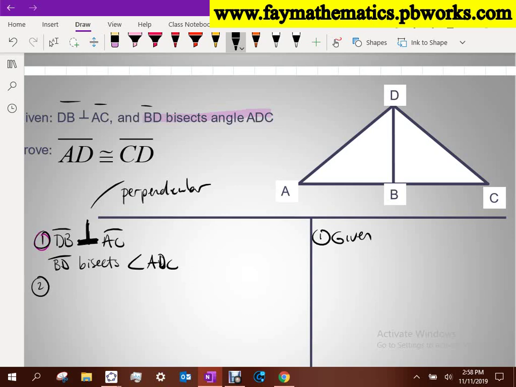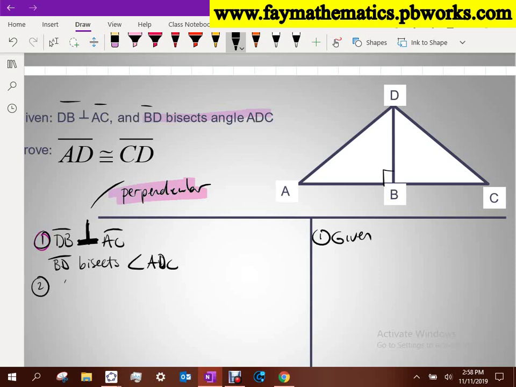So it's a pattern. I want to do the same thing. If DB is perpendicular to AC, what kind of angles do I get? Perpendicular lines always create right angles. Okay? So if I go find where DB is in AC, that's going to be a right angle right there, correct?